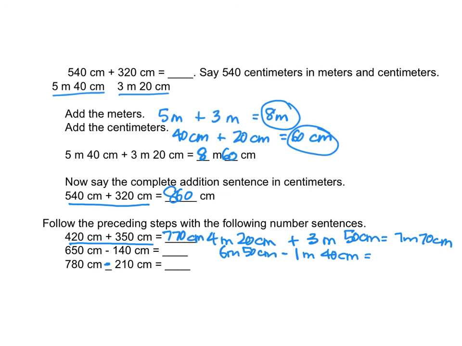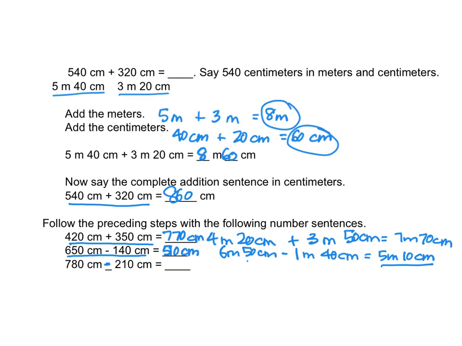We're going to first of all subtract our meters. 6 minus 1 meters gives you 5 meters. And we're left with 50 minus 40 centimeters, which gives us 10 centimeters. Then if we go back and put it into our number sentence in centimeters, 650 centimeters minus 140 centimeters equals 510 centimeters.